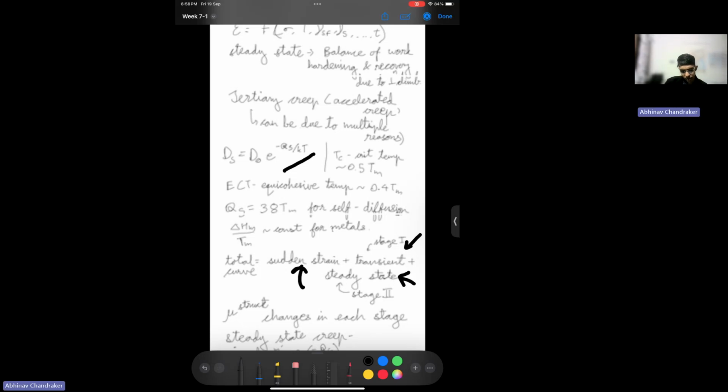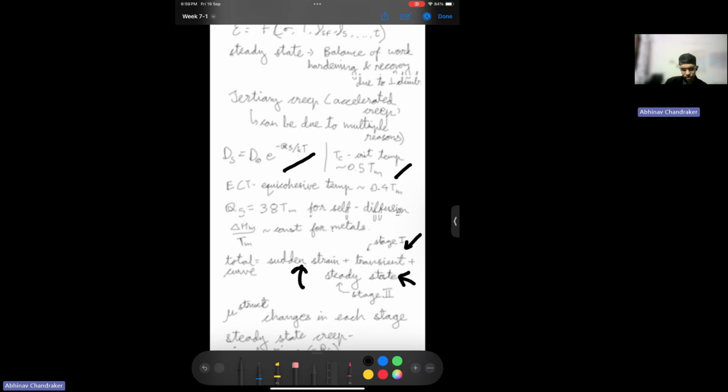Also, we have something called equicohesive temperature, the temperature at which both grains and grain boundaries have the same strength. Above that, grain boundaries will be weaker, while below it, grain boundaries will be stronger. And we also have something called critical temperature, 0.5 Tm. This is the temperature where usually creep starts playing a dominant role in deformation.